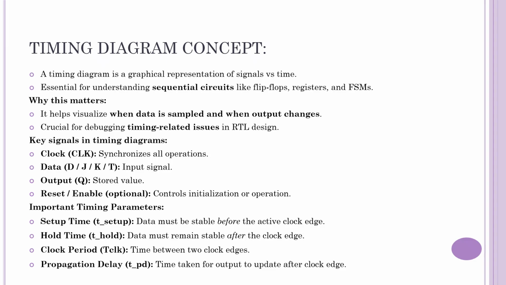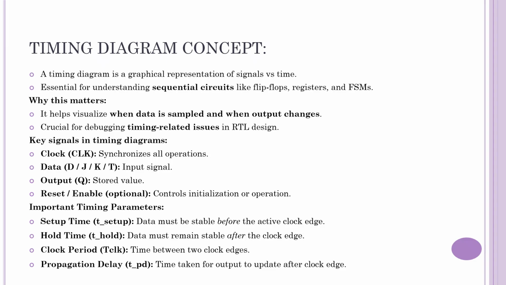Now, here comes the most important part. Timing parameters. Setup time, which means the data must be stable before the active clock edge. Then hold time, which means the data must remain stable after the clock edge. Clock period, the time between two clock edges.